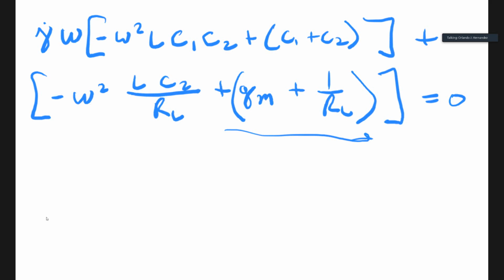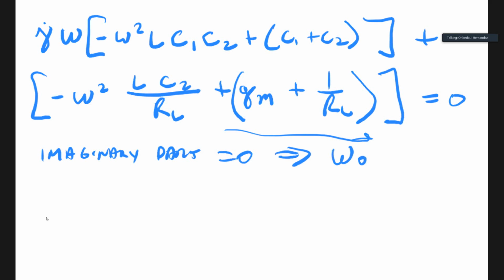So I can say the imaginary part equals 0 gives the frequency of oscillation, omega naught.